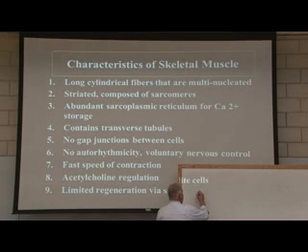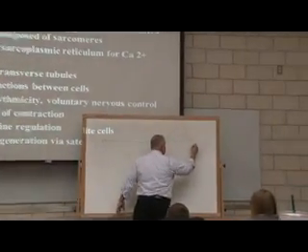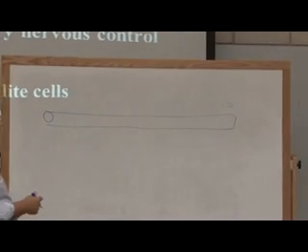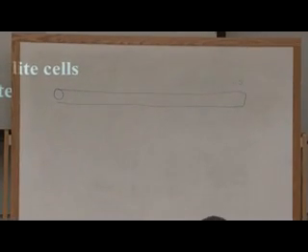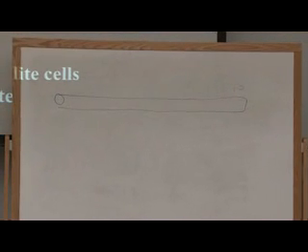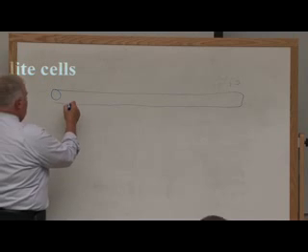So there are these incredibly long cells that are constructed like cylinders. So long cylindrical cells. And what happens is, embryologically, a bunch of small cells fuse together to make this big cell during embryonic development, and all the nuclei are retained.